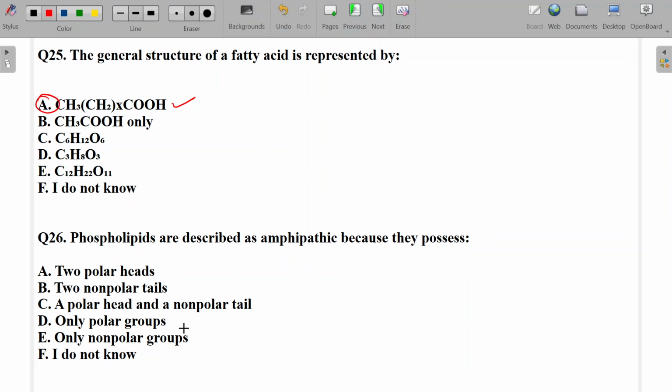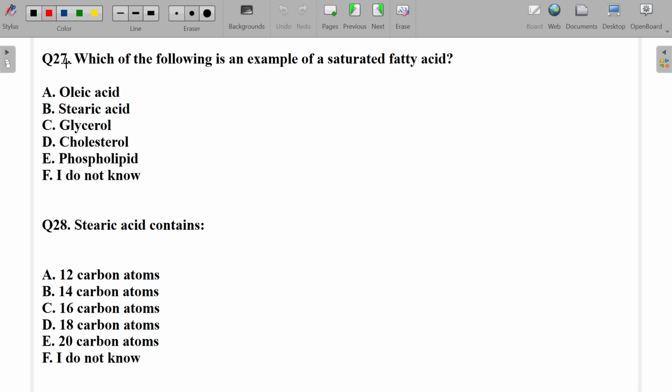F, I do not know. C. Yes, the polar head and the non-polar tail. Correct. Okay, wonderful.